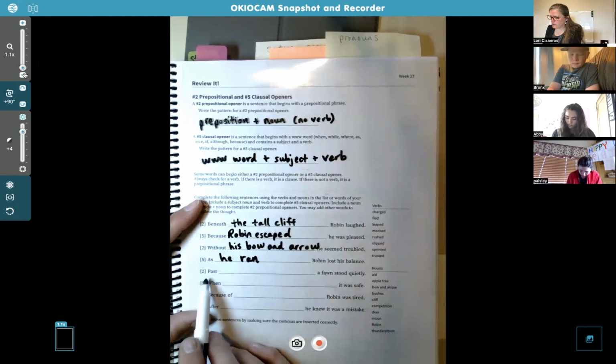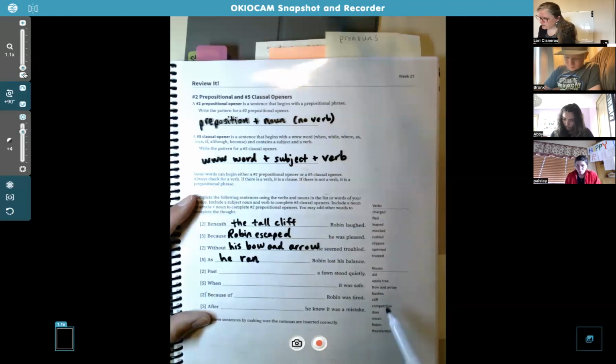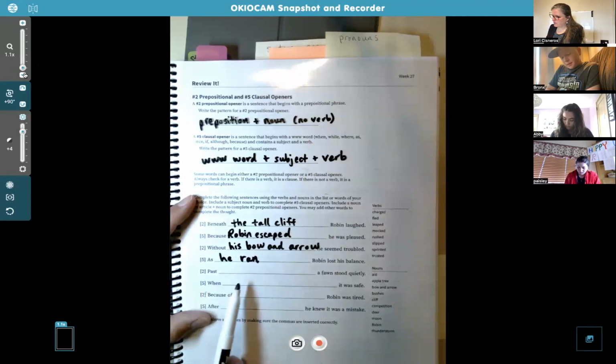Back to Bronx. This is prepositional, so no verb in that one. And you can look at your choices here or make up a different one. Past a fawn. Past blank a fawn stood quietly.